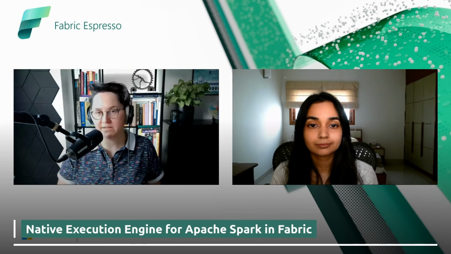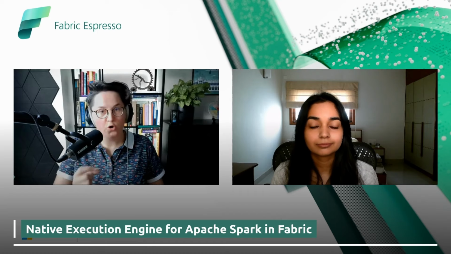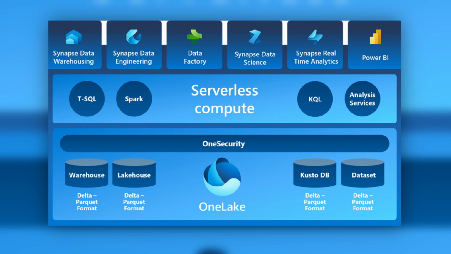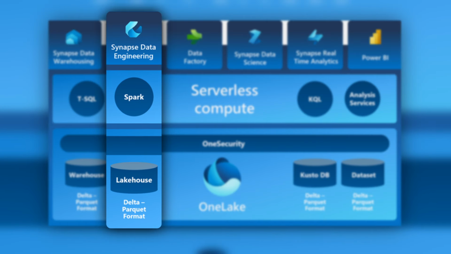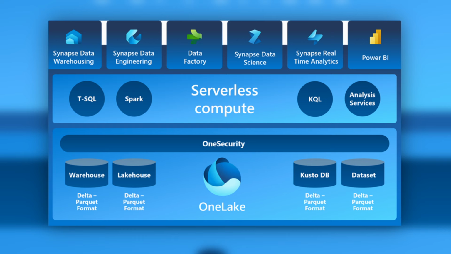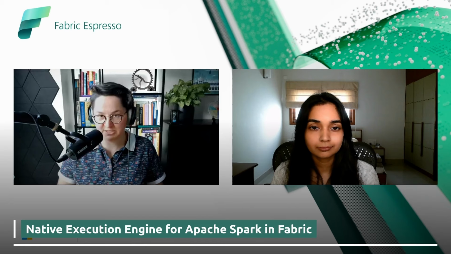It ensures that it's efficient regardless of whether the data is stored in OneLake or it's accessed via shortcut, for example, ADLS Gen2, Azure Data Lake Storage, the second generation. So what value does Native Execution Engine bring? For sure it is the performance improvement in job execution.